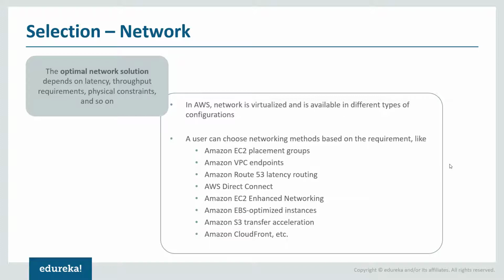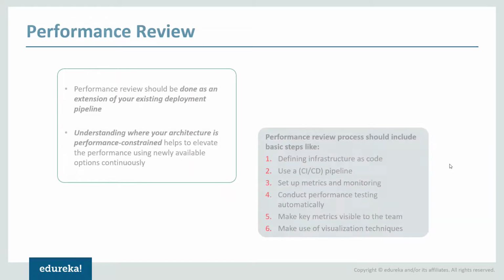All of them may be implemented, but without continuous monitoring and review, it's going to be a waste. So on a day-to-day basis, you need to review the performance of your application and systems and see how they are working.